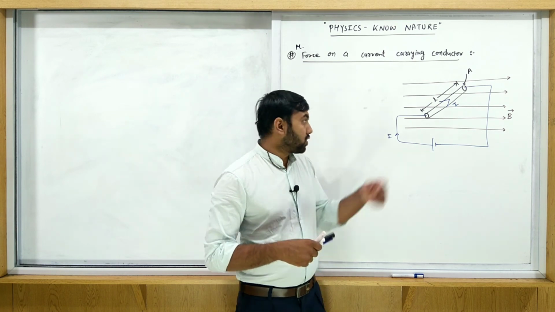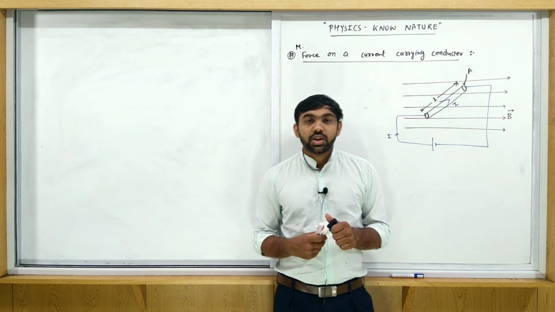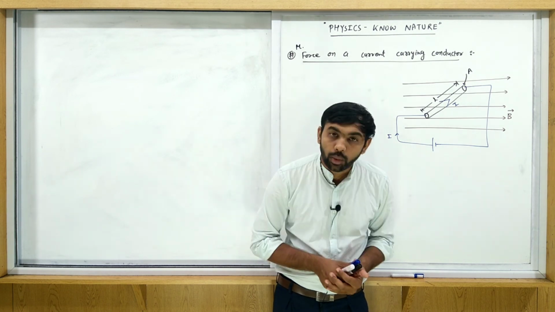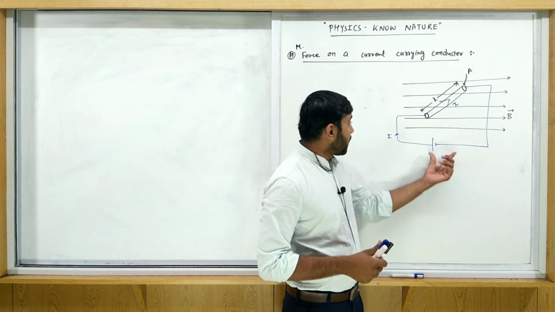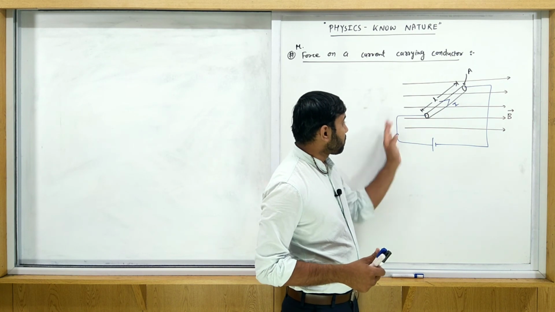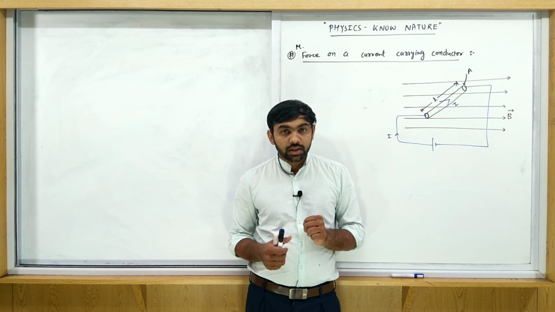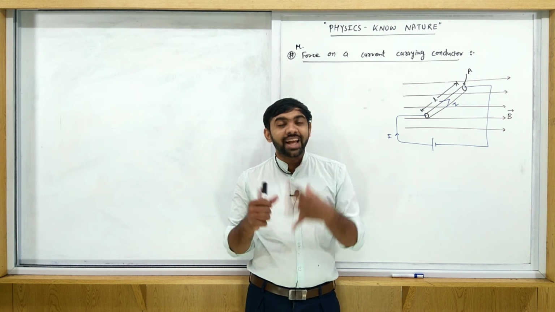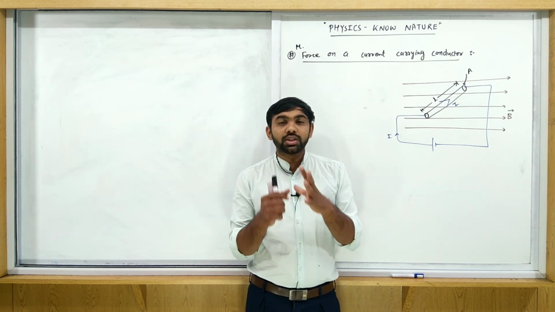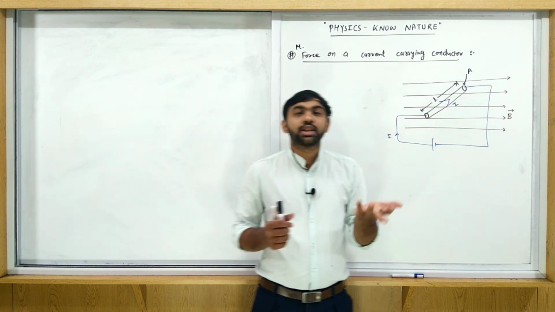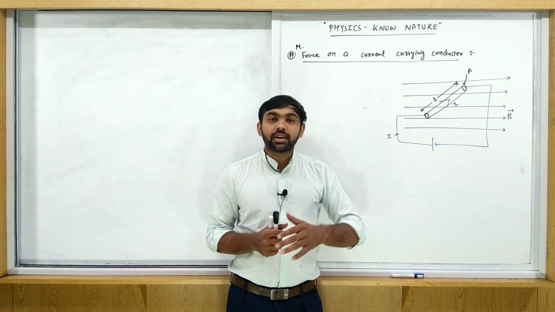Initially the electrons are at rest, and if any charge is at rest, then the magnetic force is 0. But now if you connect this conductor to the battery, some current flows through it, meaning the free electrons move with the drift velocity Vd, as we studied in current electricity.